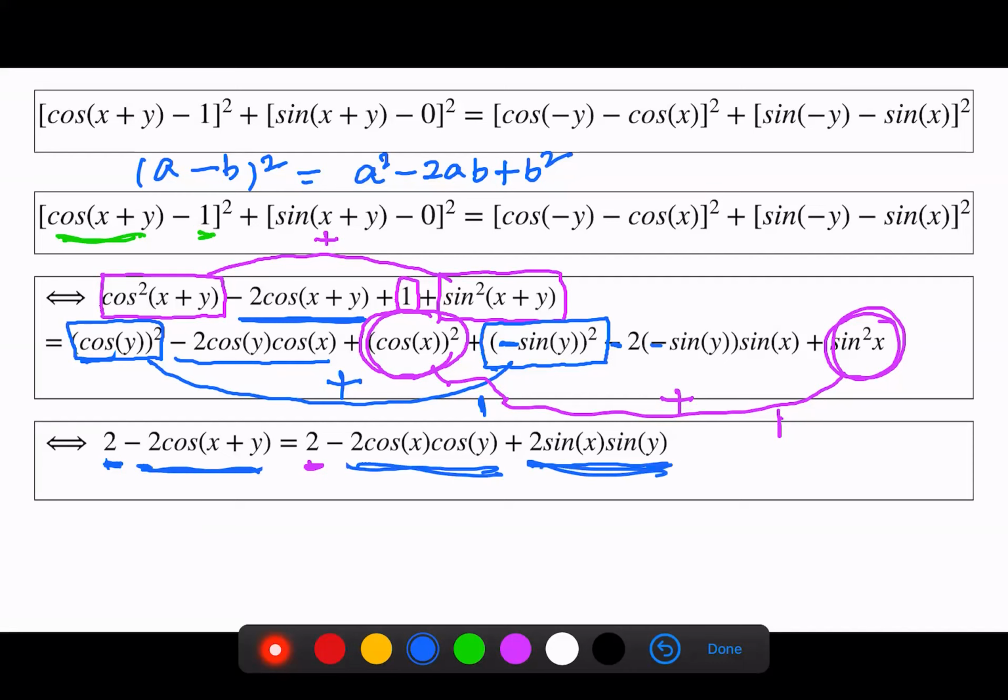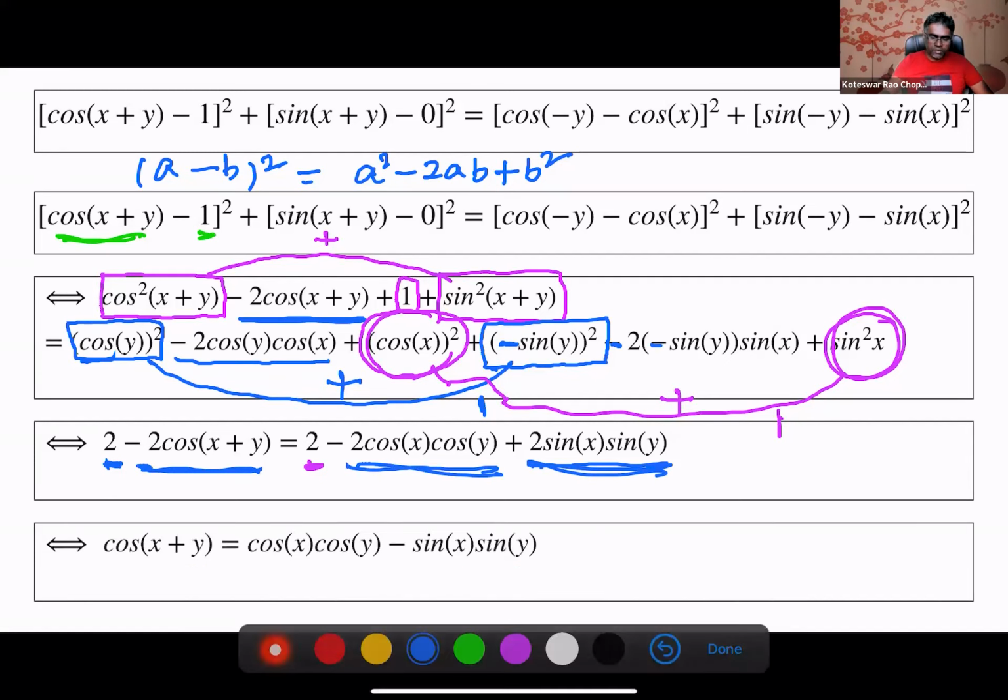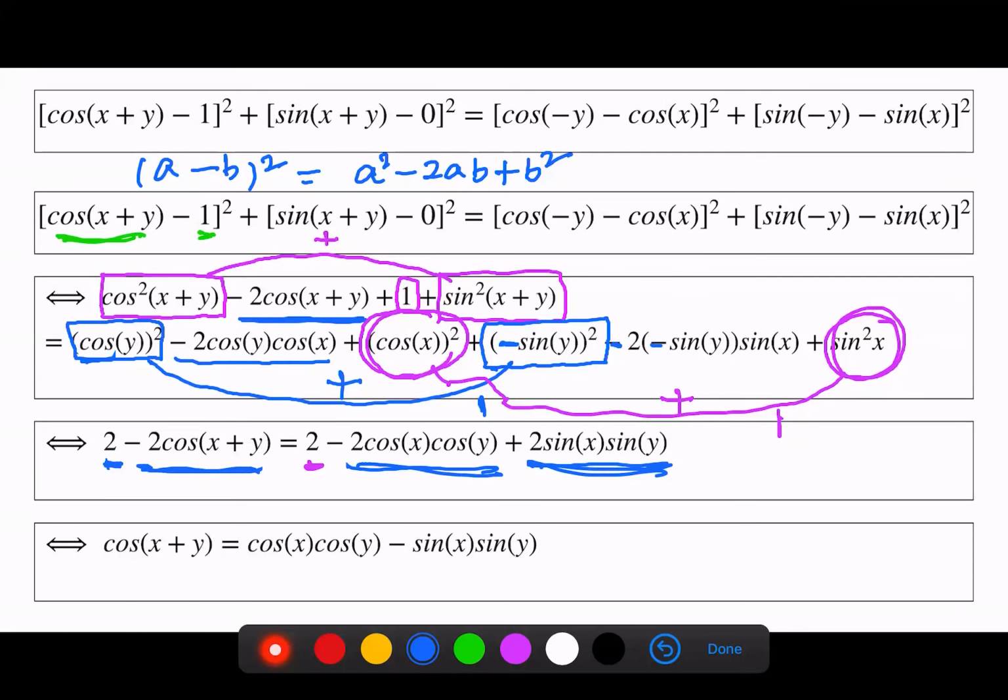Now we can ignore that 2, since you have 2 on the left side and 2 on the right side, and we also cancelled it out. Multiply both sides by minus 1, and that will give you the result we were trying to derive, or prove.